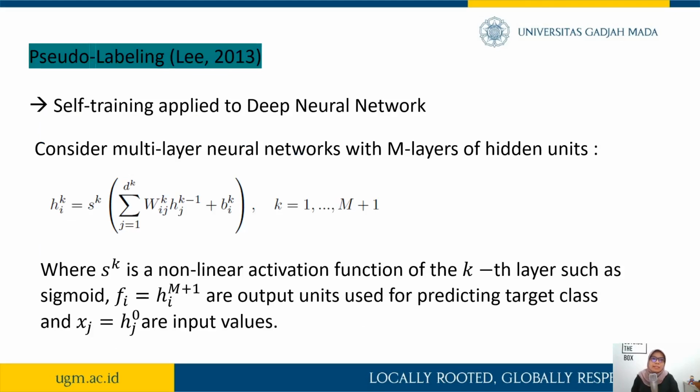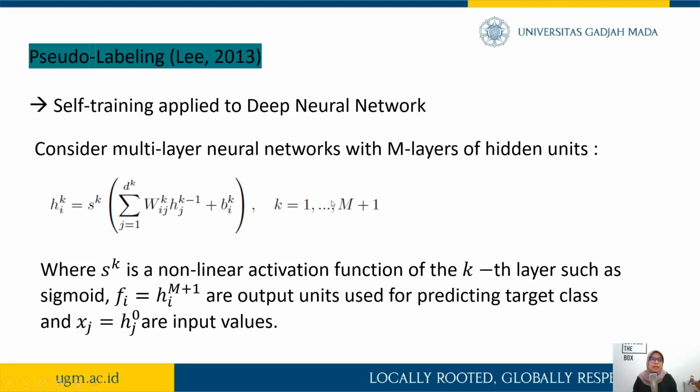Self-training can also be applied to deep neural networks, and this work is called pseudo-labeling, done by Lee in 2013. Let me recap a bit about multi-layer neural networks. Let's say we have a multi-layer neural network with m layers of hidden units.